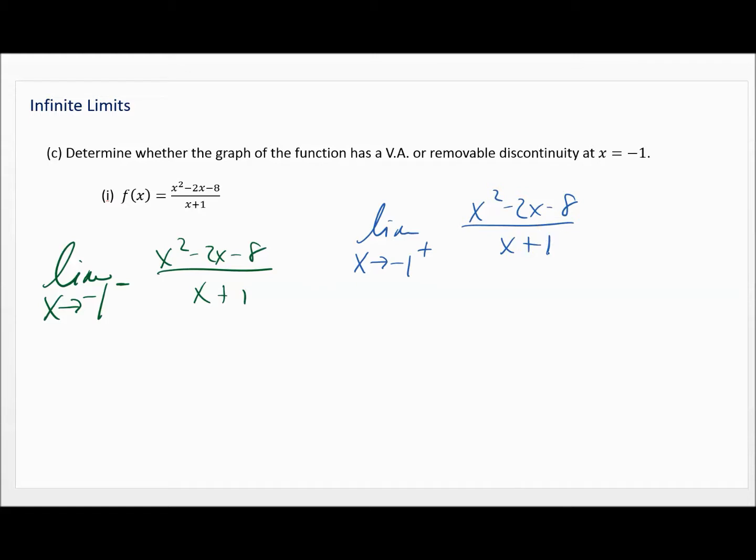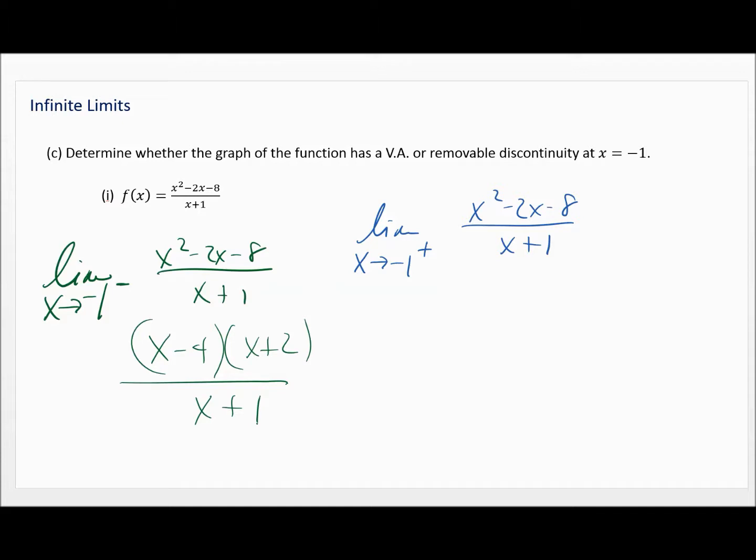Okay, now we need to simplify this. Does x squared minus 2x minus 8 factor? So we're trying to find numbers that multiply to be -8 and add to be -2. What do you think? So it's (x - 4)(x + 2) over x + 1. Nothing cancels, right?